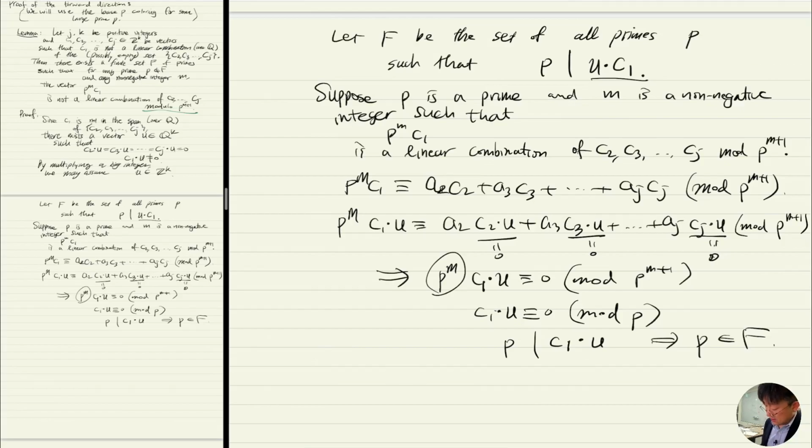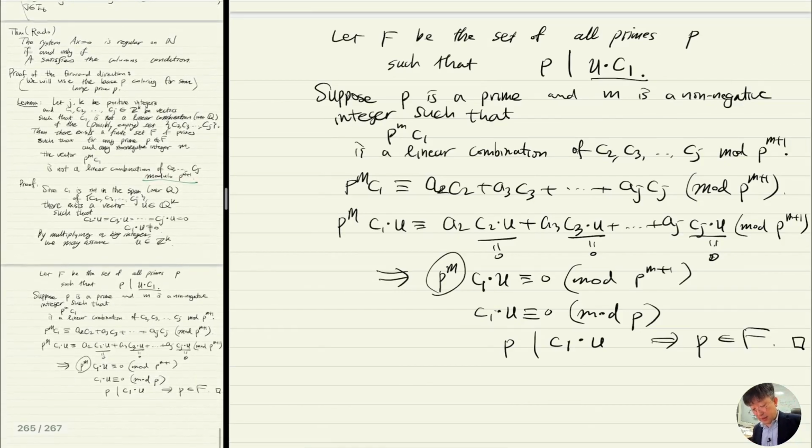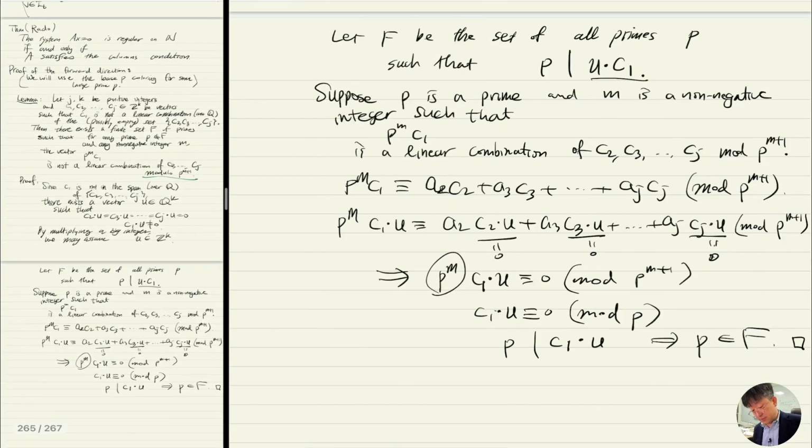So there are only finitely many such primes; other than that, p to the m times C1 is never a linear combination of C2 to Cj modulo p to the m plus 1.